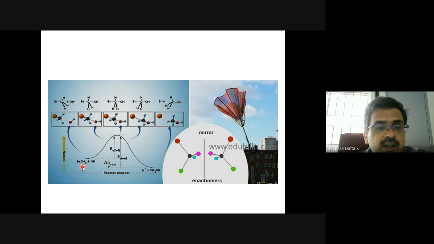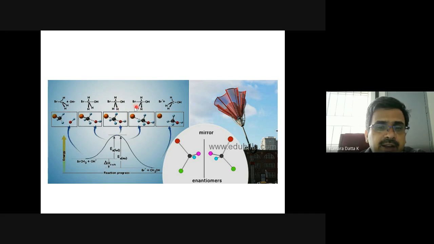Again, if you look at the reactants and how we get the products, bromomethane, when it reacts with a nucleophile like OH minus, at the transition state will have bromo and hydroxyl groups, both in inverted positions, so that if bromine is on one side, OH is at 180 degrees.